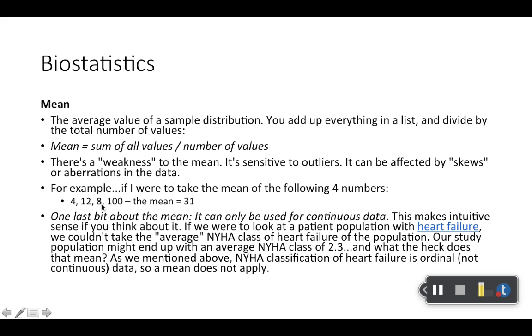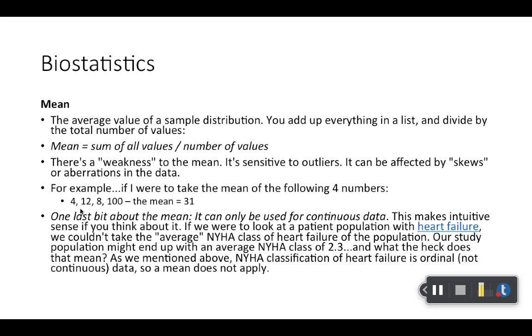So for example, if you have 4, 12, 8, and 100, then the mean is 31. Because one of the values is 100, it's going to really shoot the mean up. The majority of the numbers we could factually say are below 15, right? Or below 13.